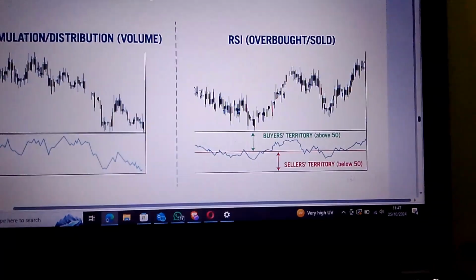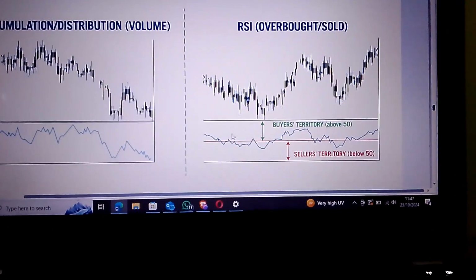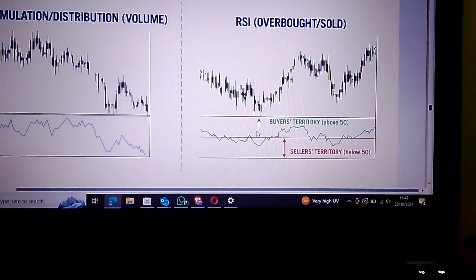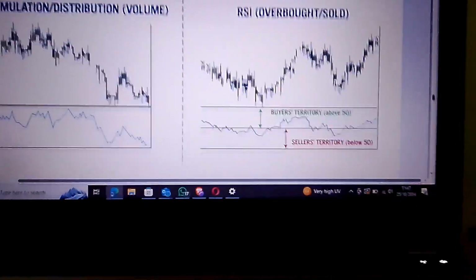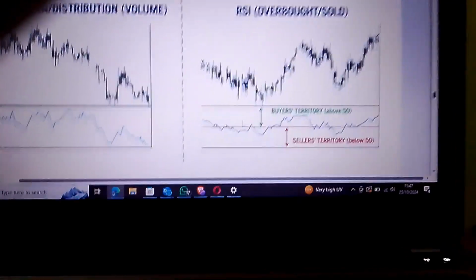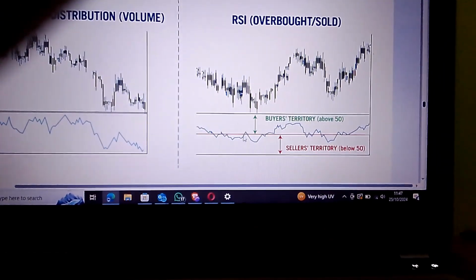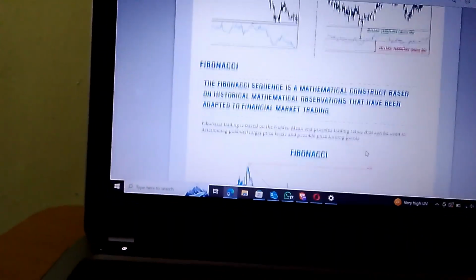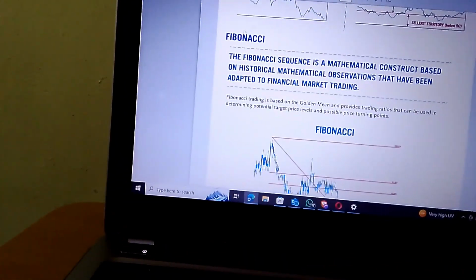Above 50, below 50, you can see most people are buying at around that point, and most people sold at these levels. When it passed these marks, most people sold. We'll continue looking at that in the next class, in the next video.